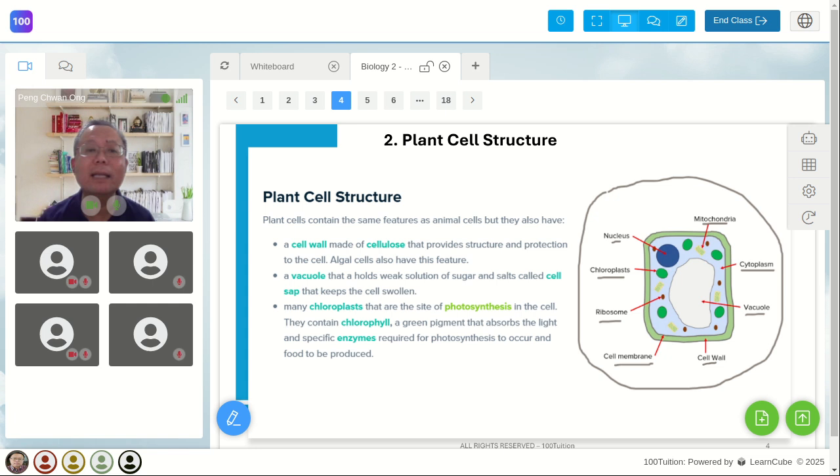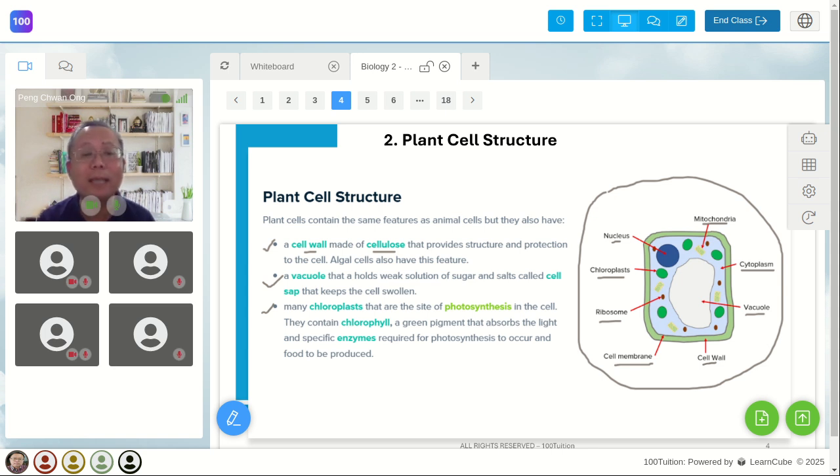Okay, so again, let me just go into detail. Basically, the plant cells contain the cell walls. It's important to know that they're made of cellulose, and this provides the structure and protection to the cell. And the vacuole basically holds the weak solution, that means a solution of sugar and salts. And there are chloroplasts, they are the site of photosynthesis.